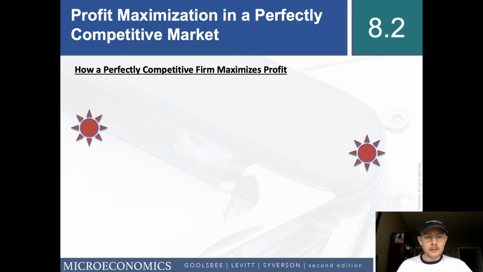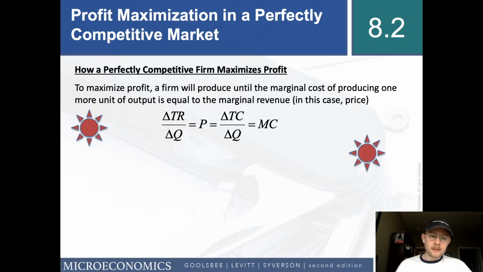So how does a perfectly competitive firm maximize profit? To maximize profit, a firm will produce until the marginal cost of producing one more unit of output is equal to the marginal revenue. In this case, that's price, like I've been saying. If you see the change in total revenue over the change in Q, you know that that's marginal revenue.